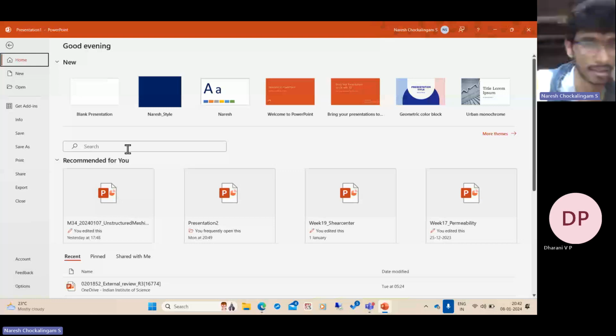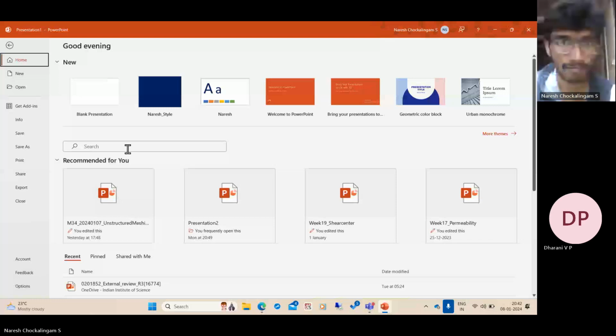In shear center, the key is, when you have a beam, usually this is the kind of cross section you would have seen in your UG.